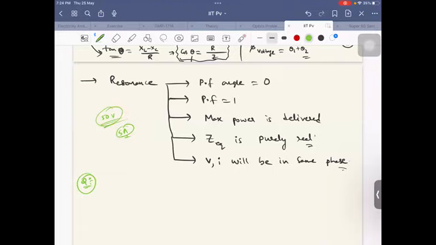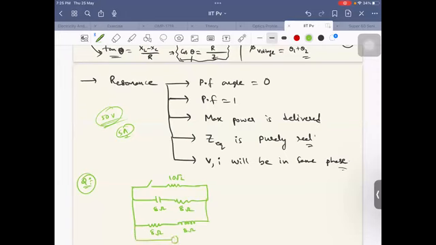Here, let's say they have given a question this way. Here there is a switch, 10 to 2 ohm, 8 ohm, 8 ohm, 8 ohm, and here also 8 ohm.